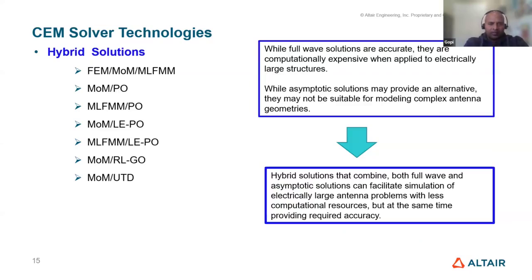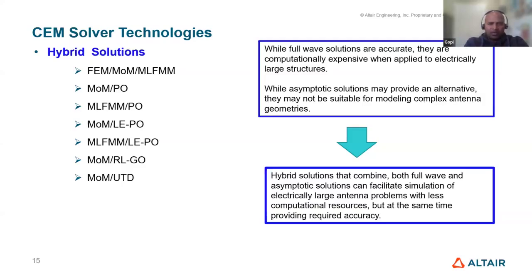Or if you want to use an asymptotic solver like physical optics or RLGO or UTD, all those asymptotic solvers are hybridized with method of moments, and some of them are also hybridized with MLFMM. Okay? Especially physical optics and large element physical optics, they are hybridized with both method of moments and MLFMM, whereas RLGO and UTD are hybridized with method of moments.